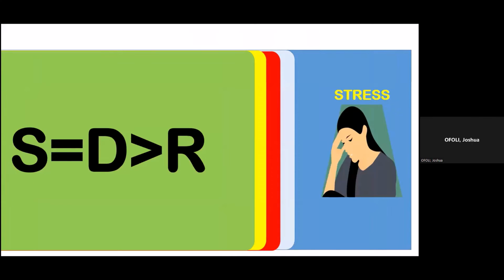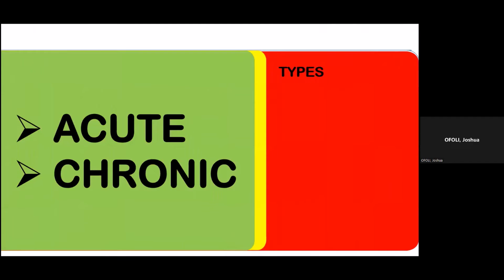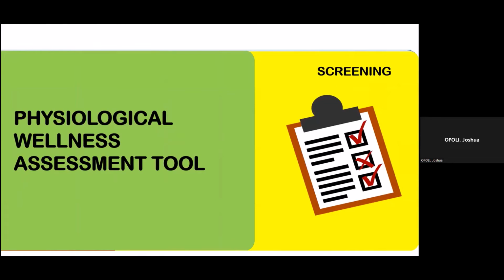What is stress? We have a simple definition of stress as occurring when the demands are greater than the resources to handle it. And this definition can be expanded as follows. There are 2 types of stress, basically acute and chronic stress, where acute stress occurs within a specified period of time and chronic stress occurs over a prolonged period of time.